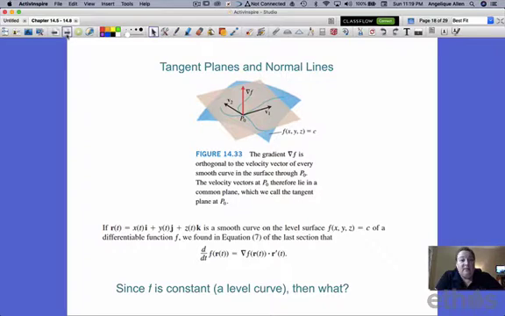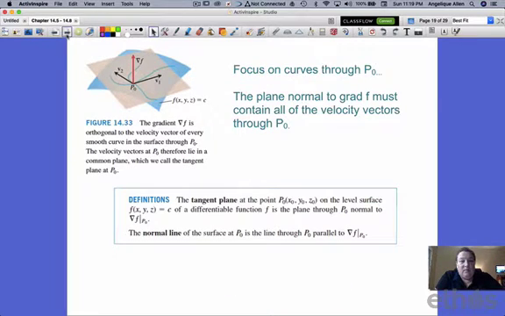It doesn't make a whole lot of sense yet until we dive in and do something with it. But with the understanding of what this picture is, we're going to focus on the various curves that go through P naught. They've got some drawn here. The plane normal to our gradient, this pinkish plane here, must have all of the velocity vectors through P naught, because they're all orthogonal to the gradient of f.